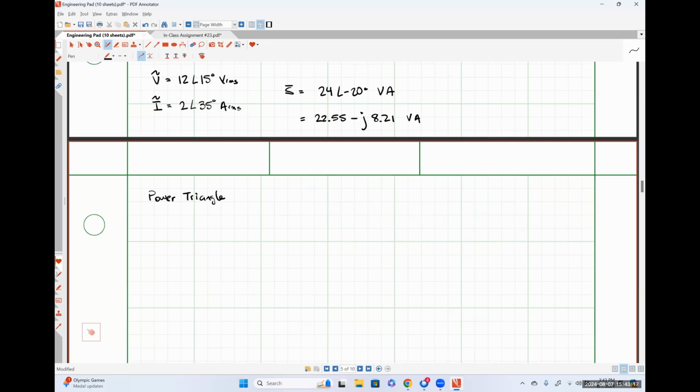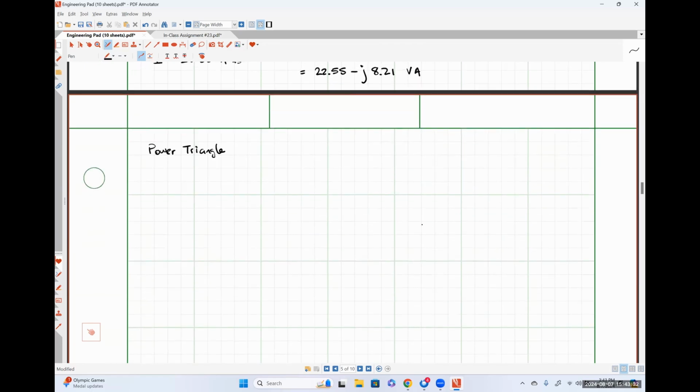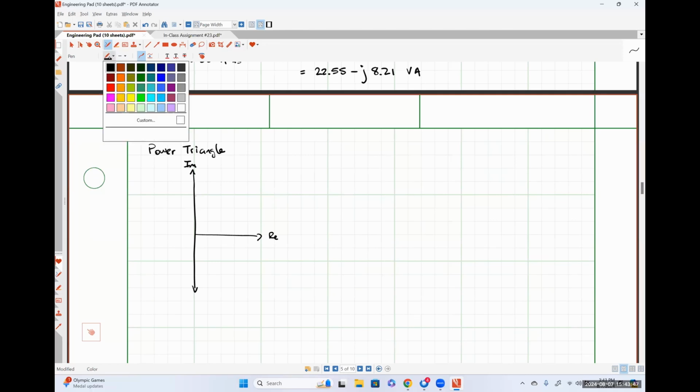is what's called the power triangle. And the power triangle is nothing more than a graphical representation of the relationships that we literally just learned, right? So, some type of load, let's put it like this. This is my real axis, this is my imaginary axis.